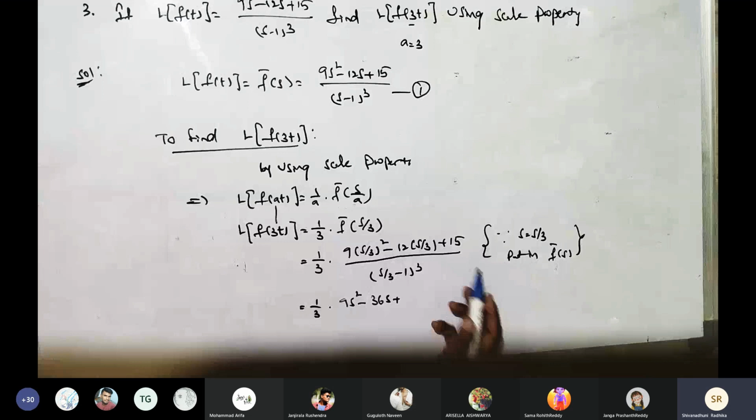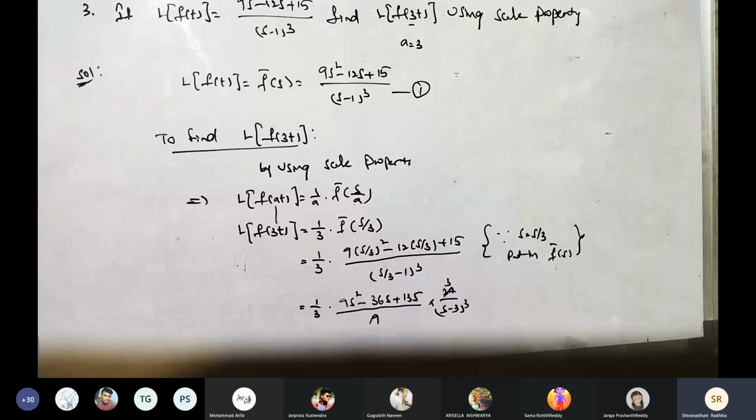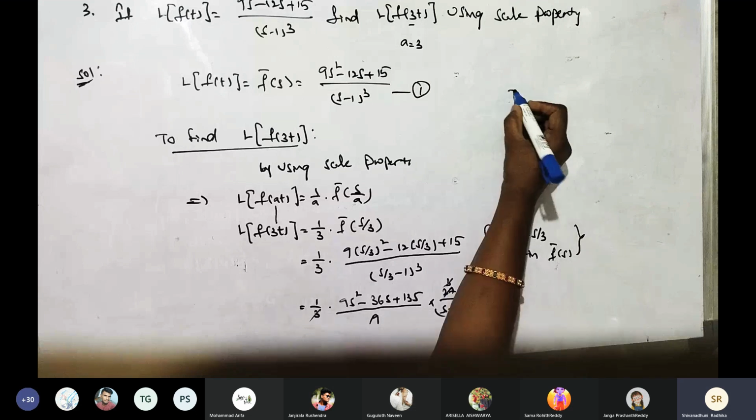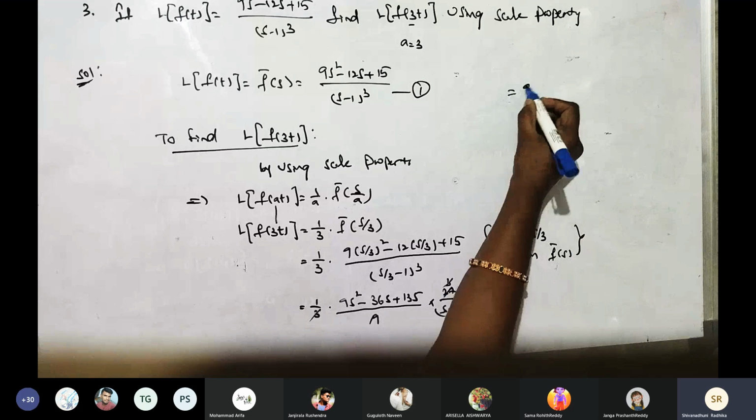The remaining is 9s square minus 36s plus 135 by s minus 3 whole cube. So this is L of f of 3t using the scale property.